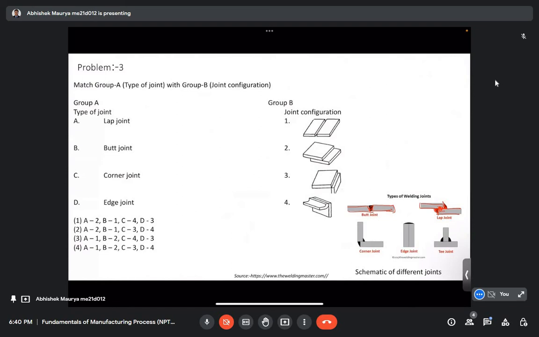So let's try to find the correct match. Let's take the first one, the lap joint. In the lap joint, there is some common area between the two joining bodies, and they are joined by applying welding material to both of the contact edges. If you see this one here, they will be joined like this.